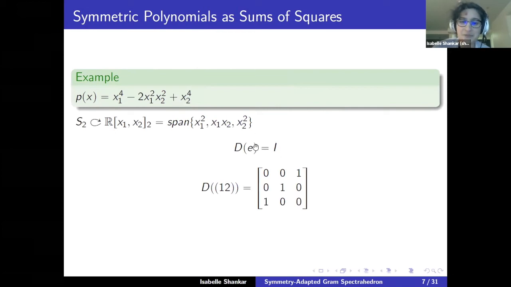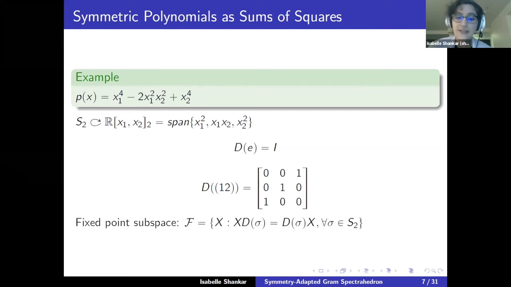The identity element is, of course, the identity matrix, and then the (1 2) element has ones on the anti-diagonal. So what the theorem is telling us is that instead of looking over all symmetric matrices X, we can restrict to the ones that commute with this representation. Of course, everything commutes with the identity matrix, but forcing our Q matrix to commute with this matrix will reduce the problem size.